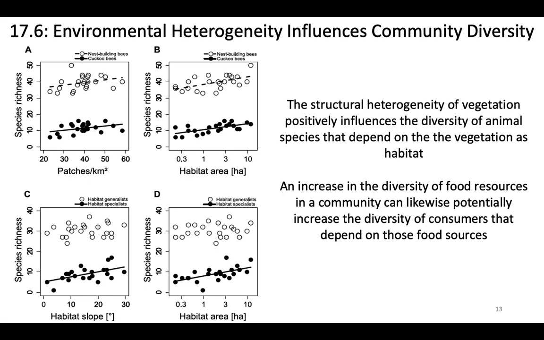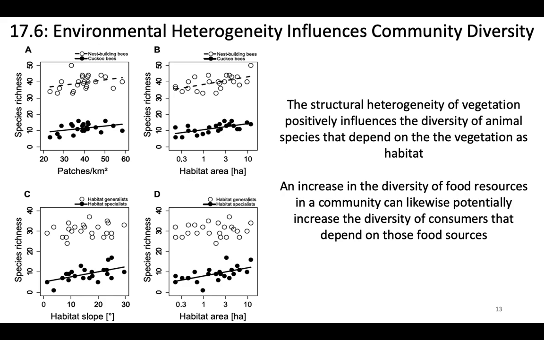So the more vegetation you have, the more you add to the community species interactions of animals that depend on those plants. And then if you increase the diversity of food resources in a community, you can also likewise potentially increase the diversity of the animals that consume them. So a general rule for bee conservation is that if you plant it, they will come.